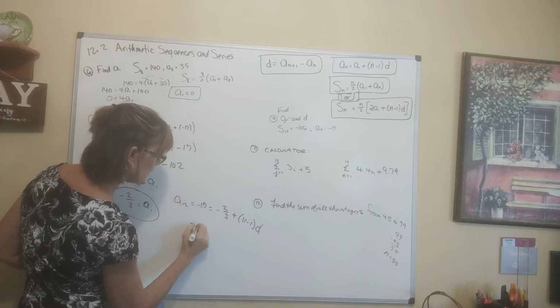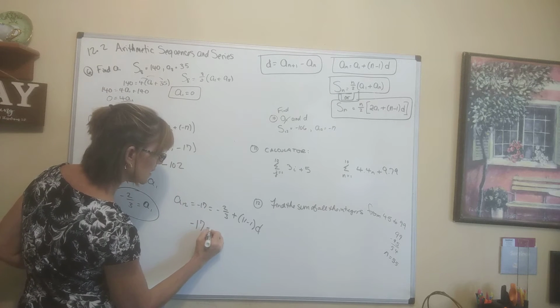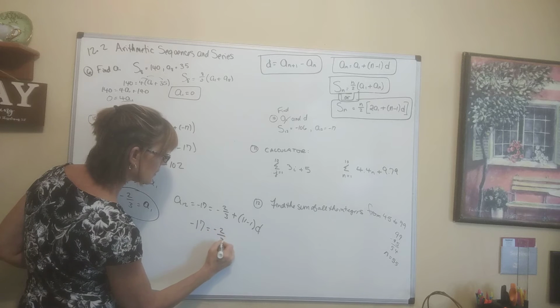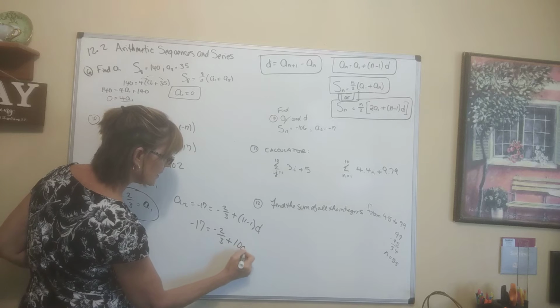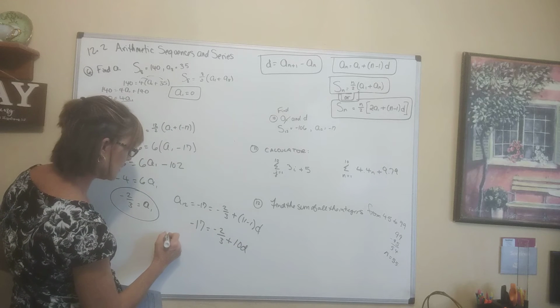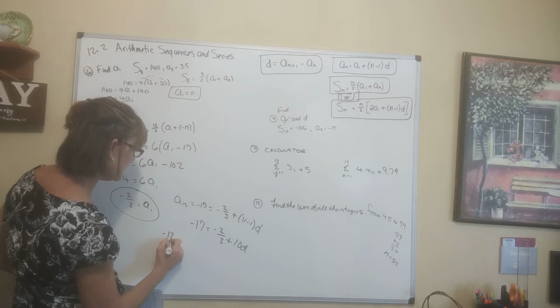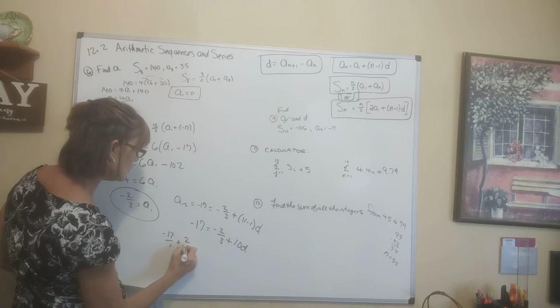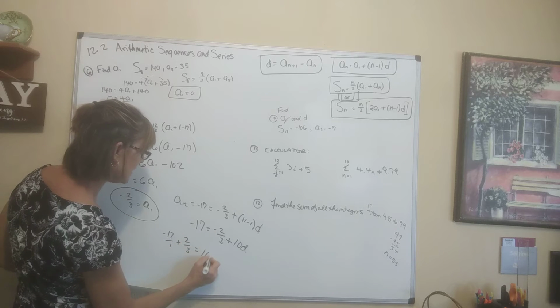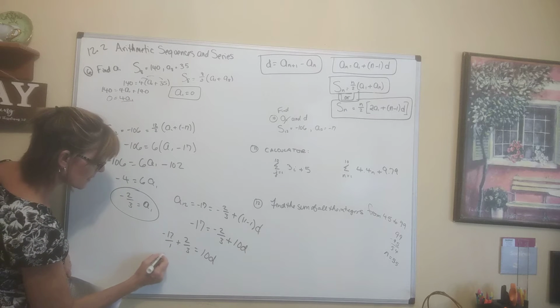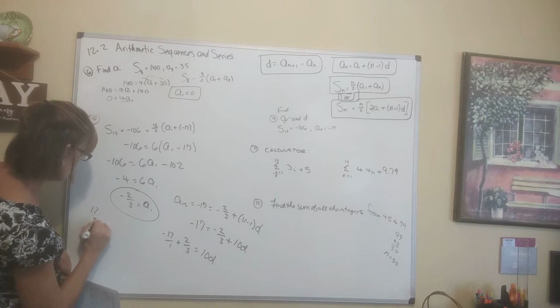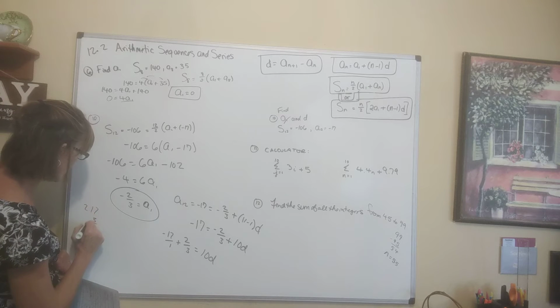Negative 17 is equal to negative 2/3 plus 10D. I'm going to add 2/3 to both sides. So I have negative 17 over 1 plus 2 over 3 is equal to 10D. If I multiply by 3 over 3, 17 times 3 is 51.